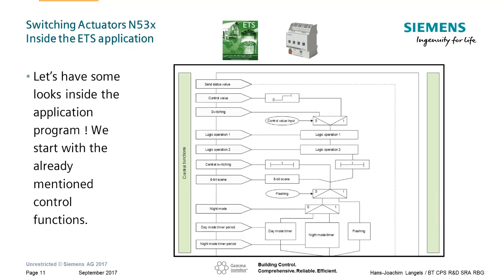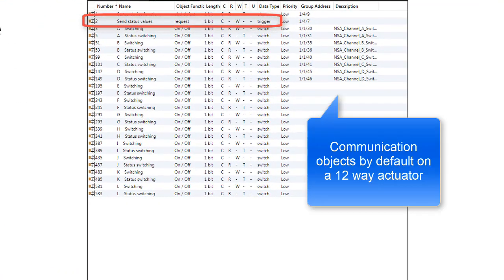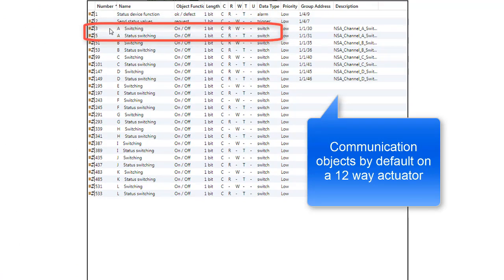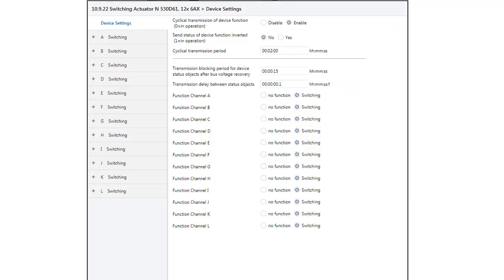Let's have some looks into the application program. We start with the already mentioned control functions. The default configuration consists of one trigger object for status values and 2 objects per each channel, switching and status. The parameters look as follows. As top page you see the device settings.